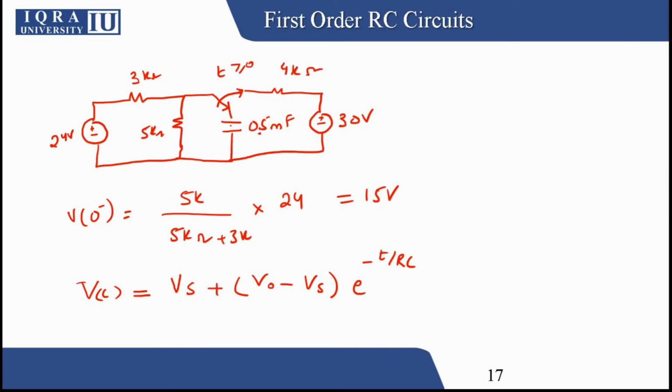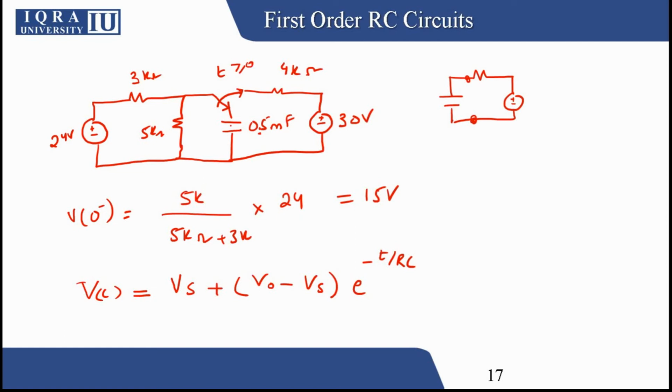So the circuit is the capacitor, the resistor, and the source. We want to calculate the total resistance across the capacitor, so we need to use the Thevenin resistance, and in Thevenin we just short the voltage source.